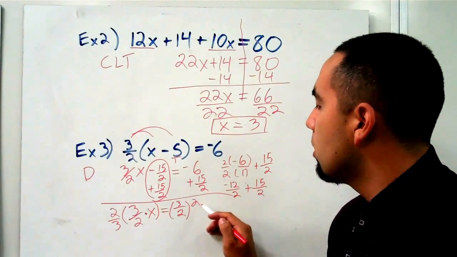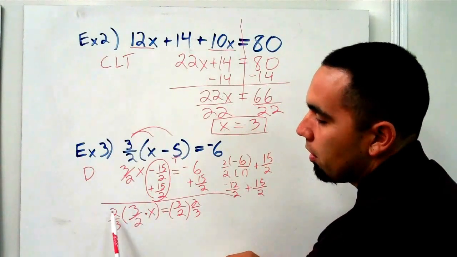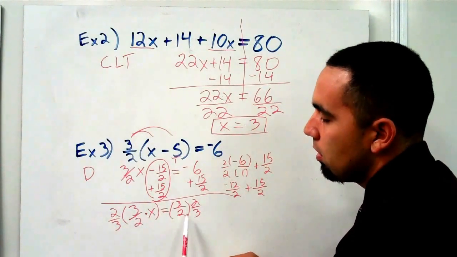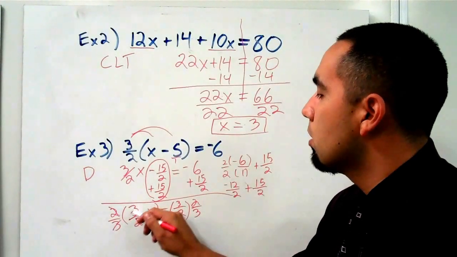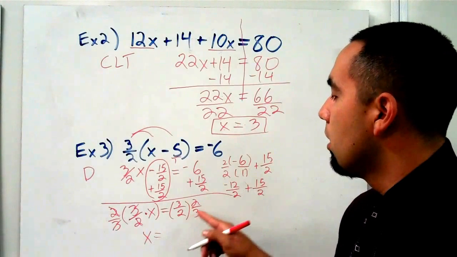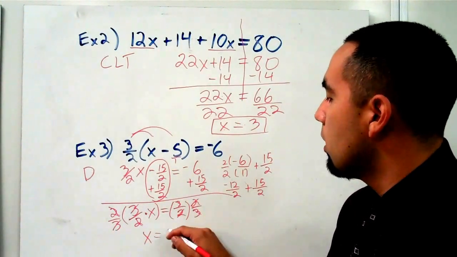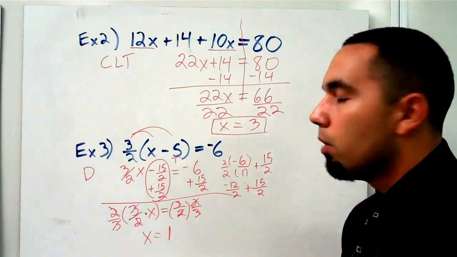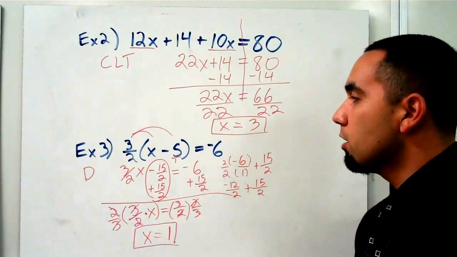And if I look, I actually have reciprocals in both cases. This is the reciprocal and these are reciprocals. So when I do that, the numbers cancel each other out. I'm left with 1x, and here, again, because these numbers are reciprocals, we get 1. Okay? So x equals 1.